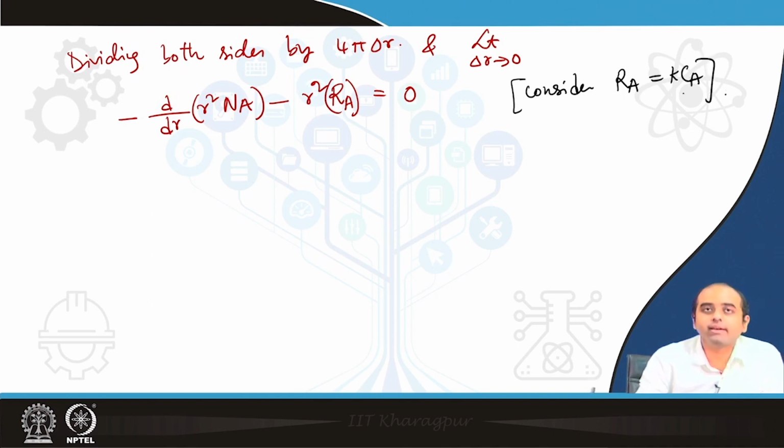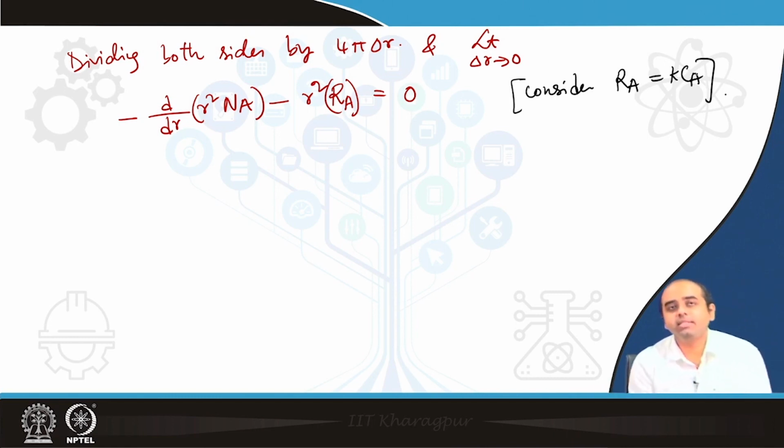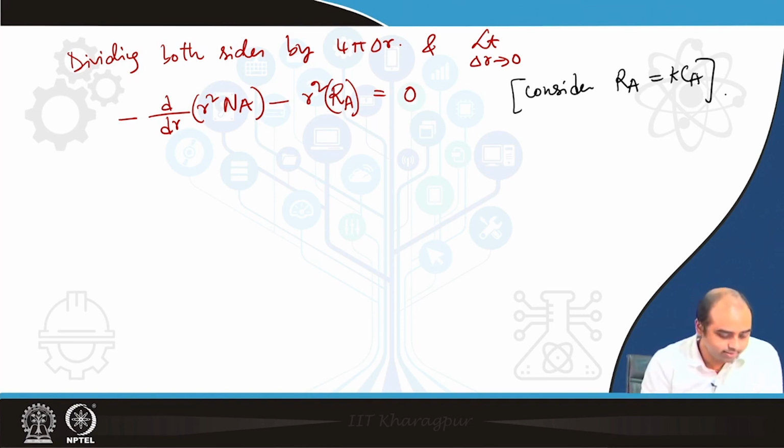so please note when I write this Ca here, this means the concentration of the species inside the particles, right. I am saying this because in the last class we considered Ca as the concentration in the packed bed reactor, right. So, the best option would be to consider this to be like CaP or something like that to distinguish between the concentration inside the particle and in the packed bed, right.